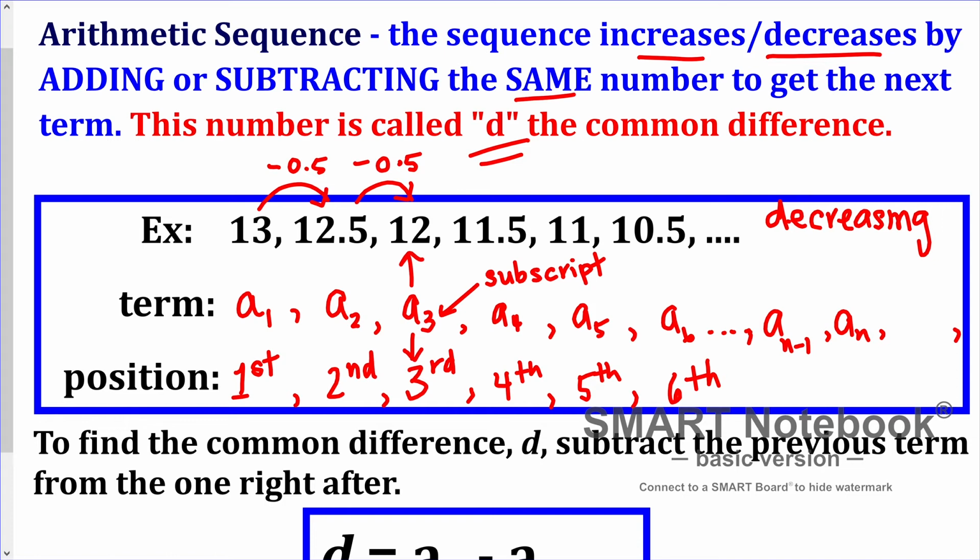That makes sense? Because look, if I'm at A6, then before it is 6 minus 1, which is 5, right? And then after it would be 6 plus 1, which is 7. So the one that comes after AN is the AN plus 1 term. And then if we keep going, it would be AN plus 2, AN plus 3, etc.